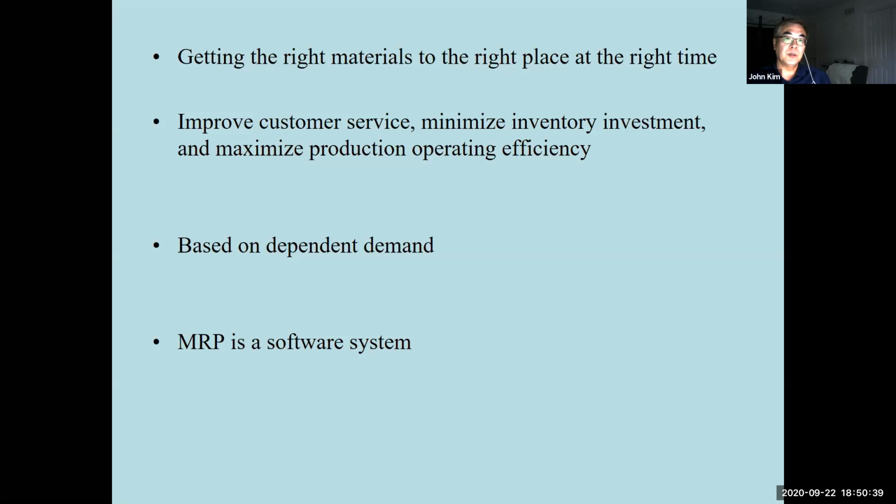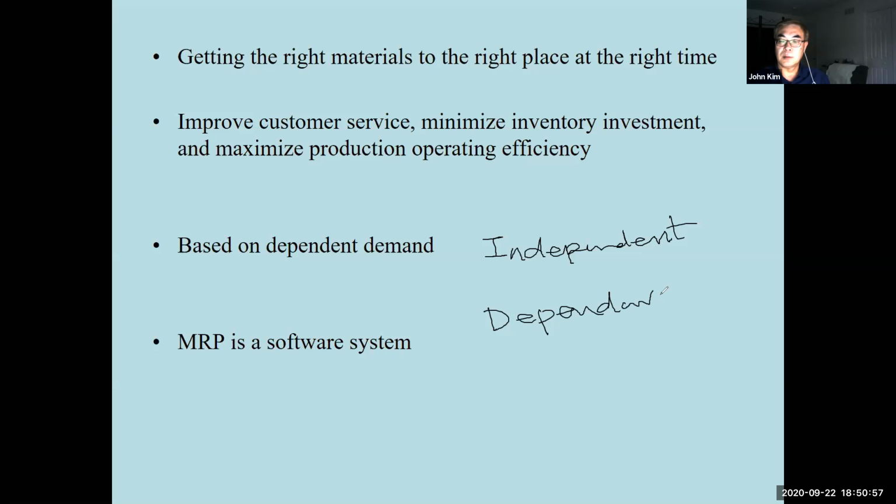I don't know if you remember, there are two types of demand, independent demand and dependent demand. The final product, like a car, has independent demand.